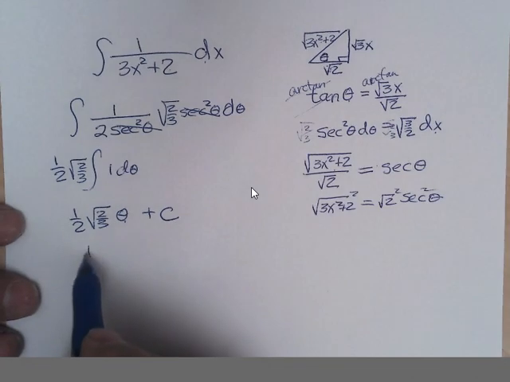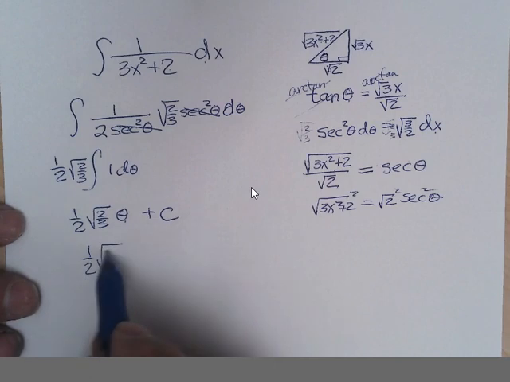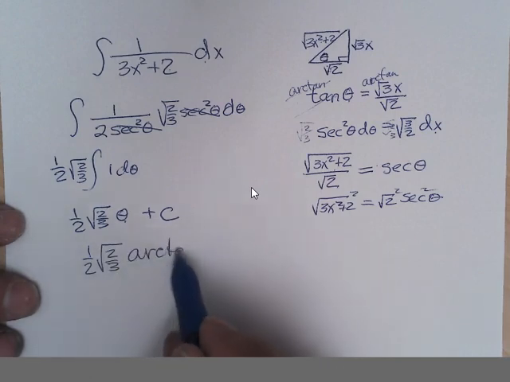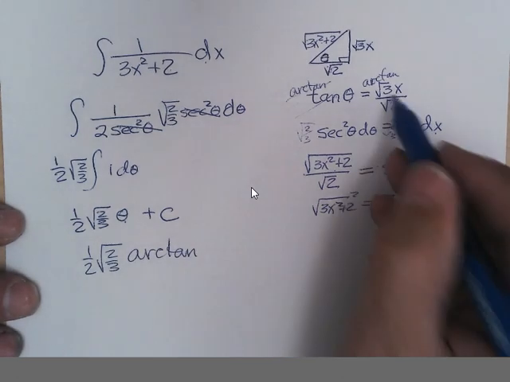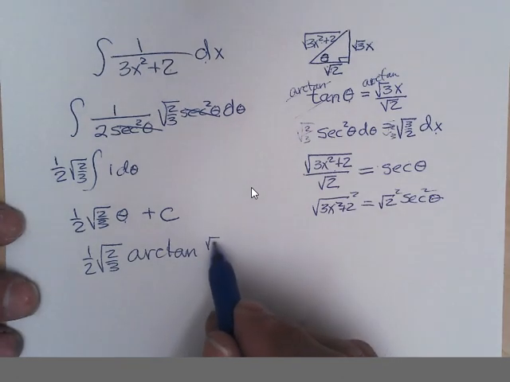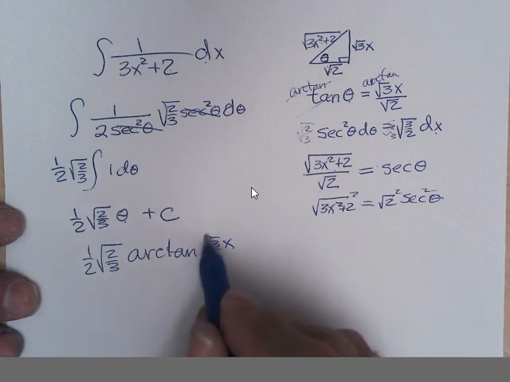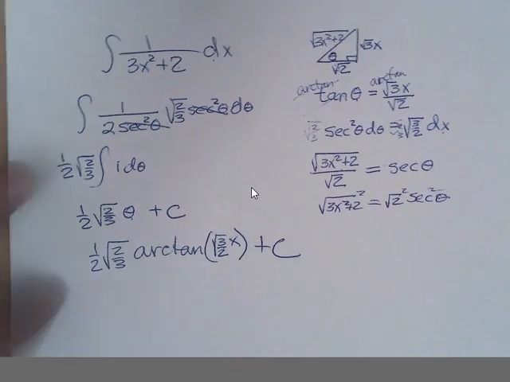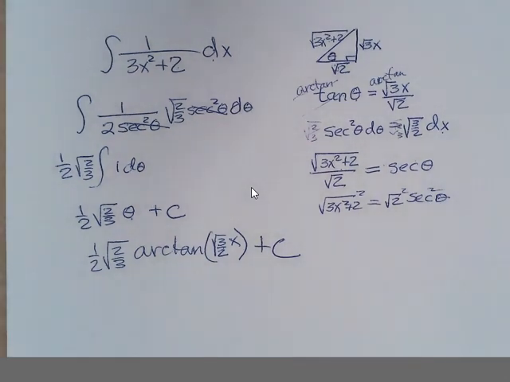And so I get 1/2 times the square root of 2 over 3 arctangent of square root of 3x over, I just extend it down, square root of 3 over 2 times x plus c. And that's what we got in class on that one problem that was real long, and this was one piece of it.